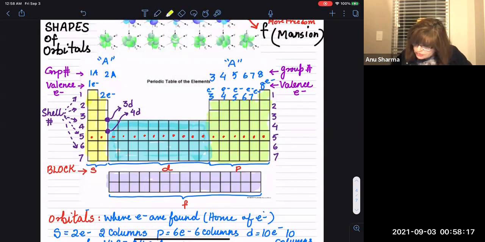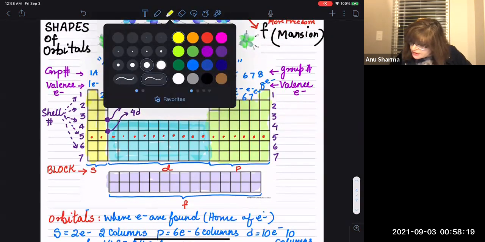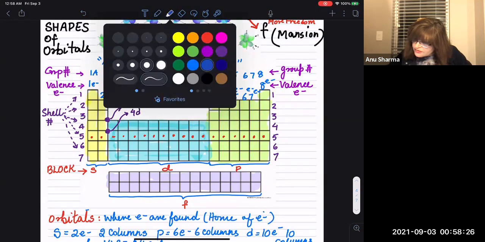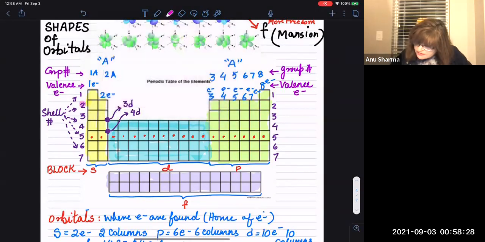This is the 2. Let's put it in another color. Wait 1 second. Boron is here, 2. So in the second energy level, right? If you look in the periodic table, boron is present in the second energy level, P block, and it is present on the first column in the P block.